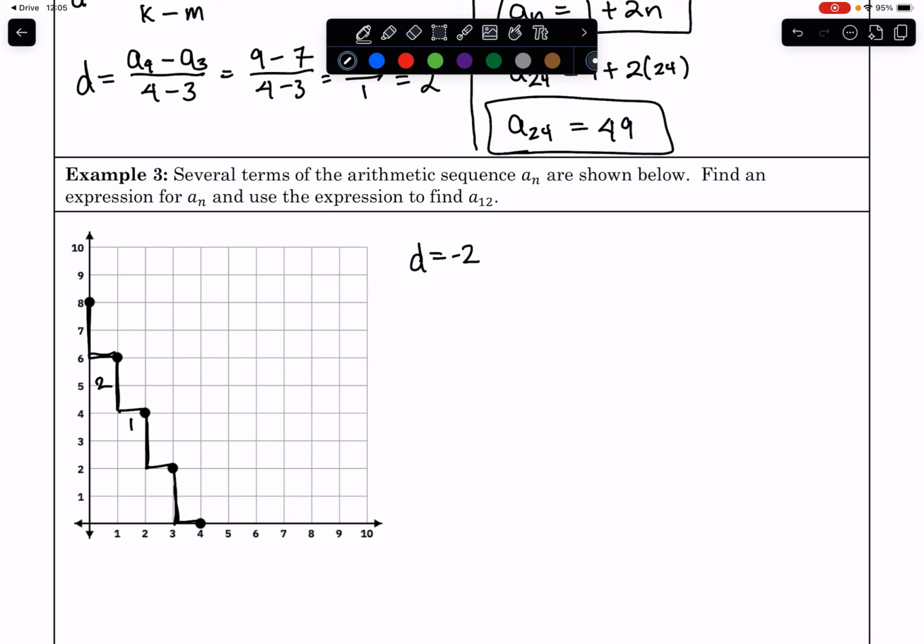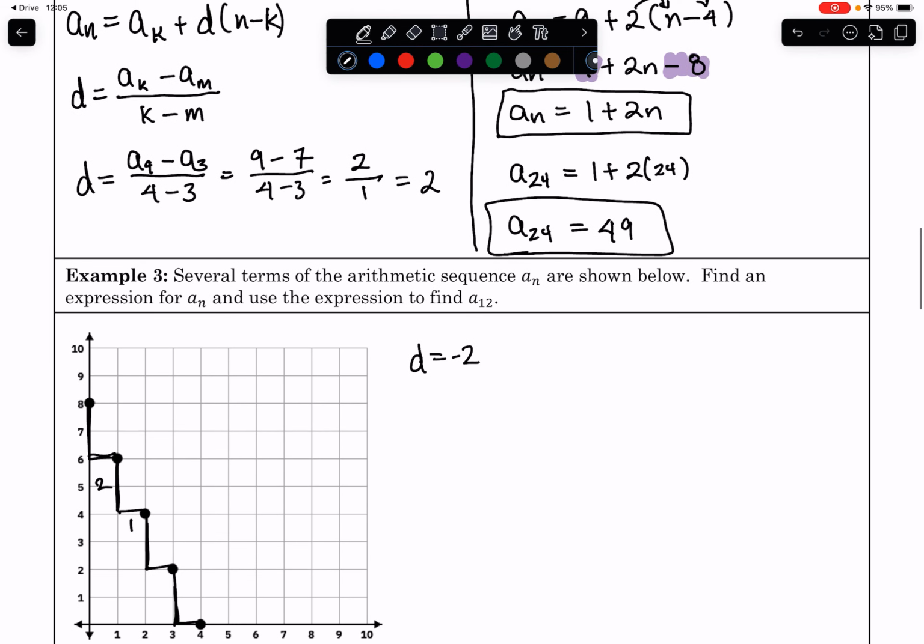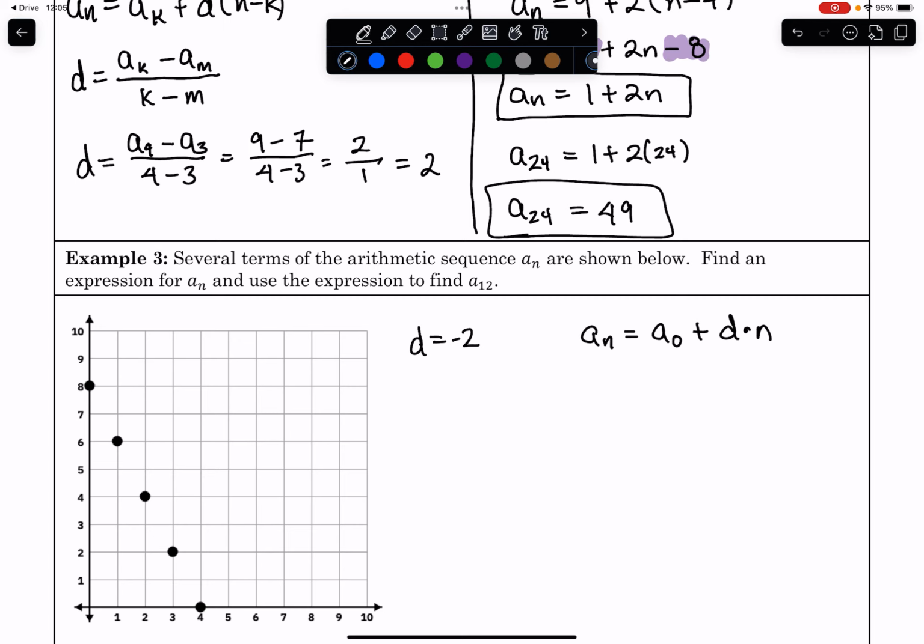So again, these arithmetic sequences behave exactly like lines. And in this example, I don't have to use the general form. I can use this specific one: a sub n is equal to a sub 0 plus d times n, because I know what the initial value is. Here, this function starts at this value. a sub 0 is equal to 8, the y-intercept.